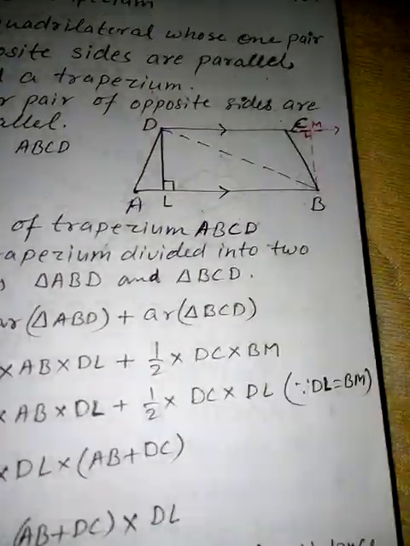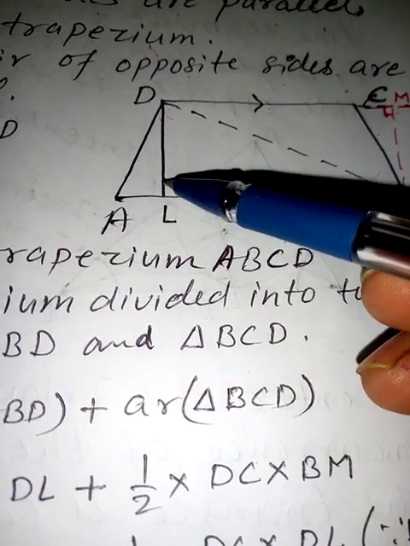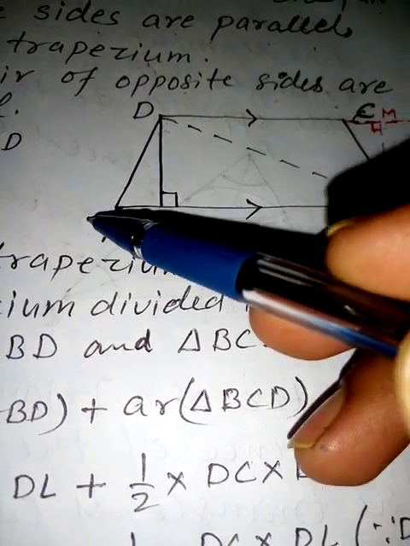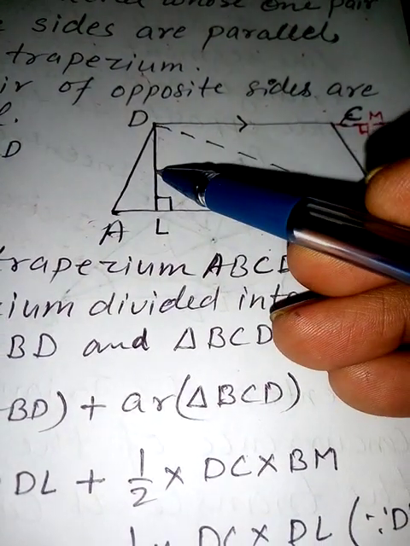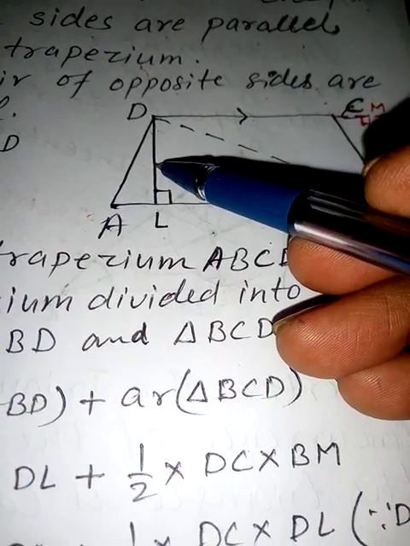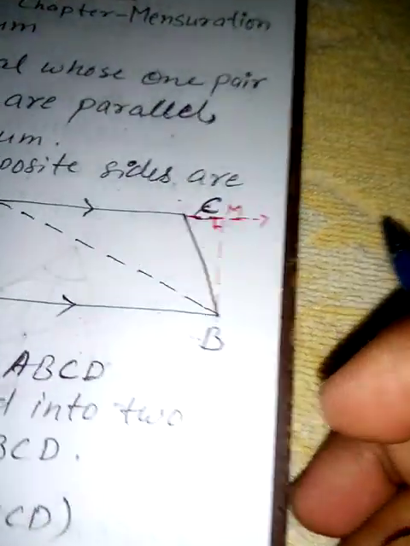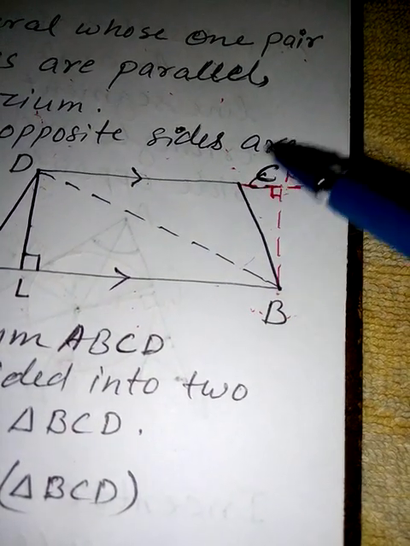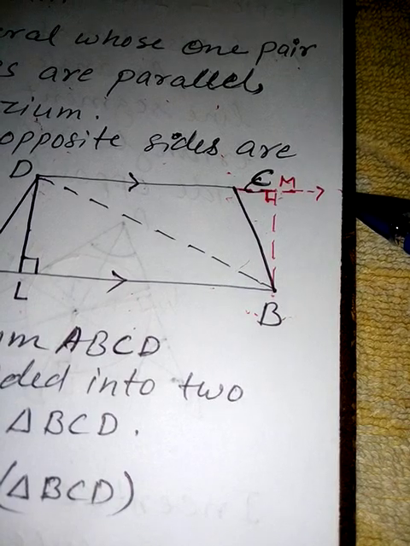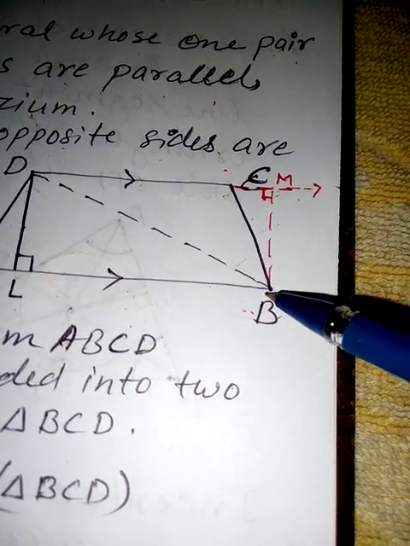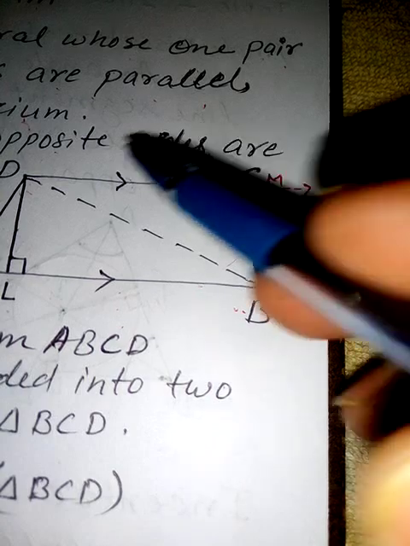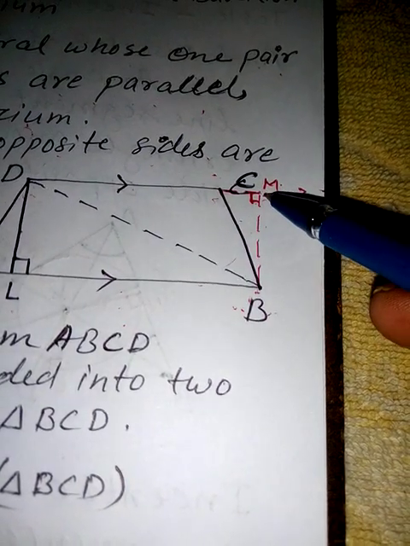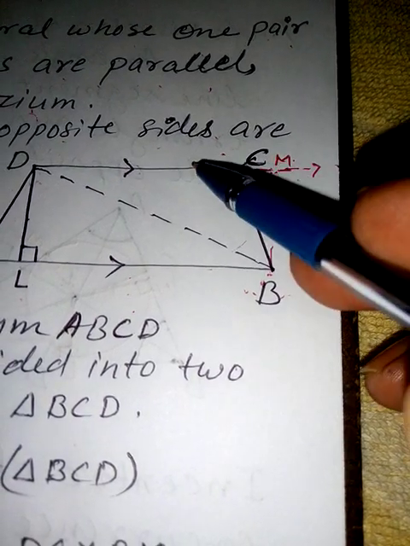And you can see DL is the perpendicular from vertex D to the opposite side AB. So this is the altitude or height here. And again, to find the altitude on the side DC, we extend DC to M and draw a perpendicular from vertex B to DC produced at M. So this is also the distance between these two.